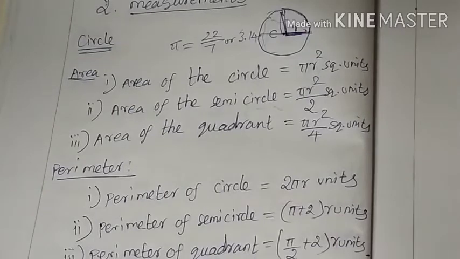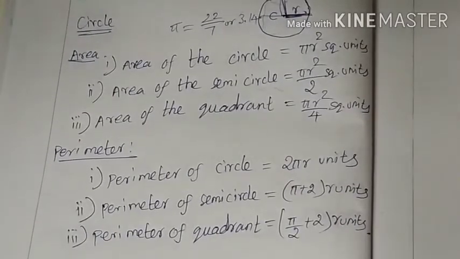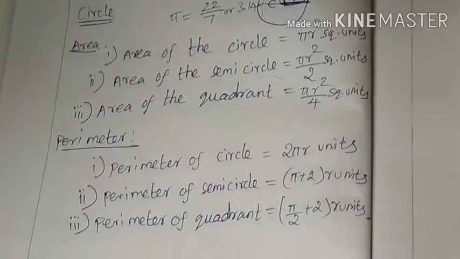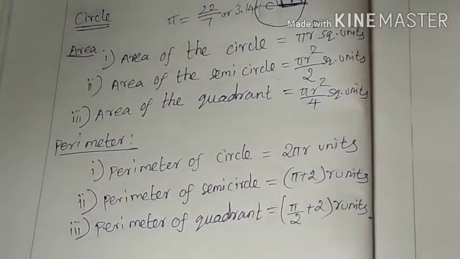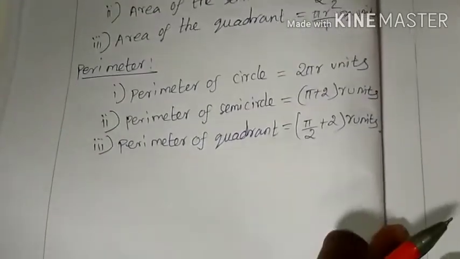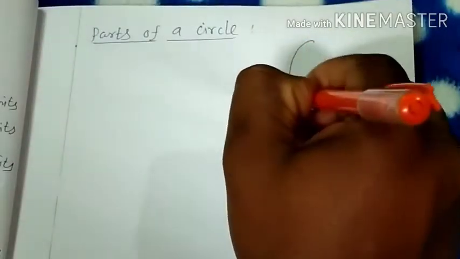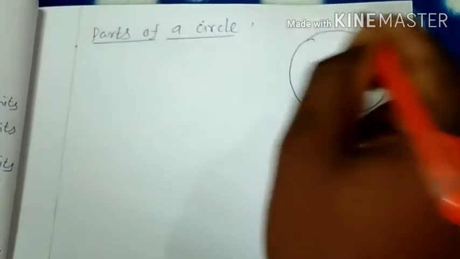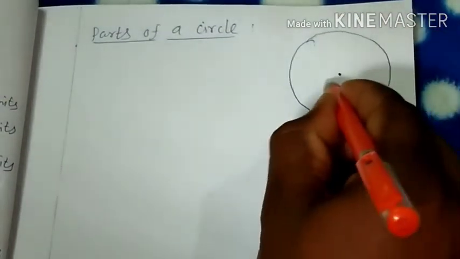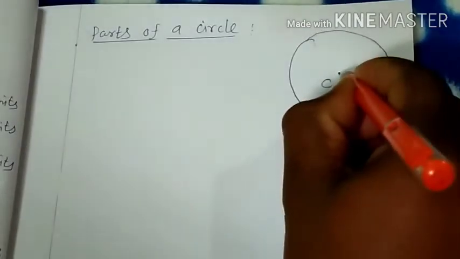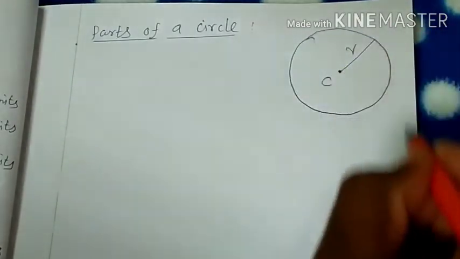In this section we are going to see about sector and combined shapes. Before we start, we are going to see the parts of a circle. This is a circle, with its center point. This is the radius.